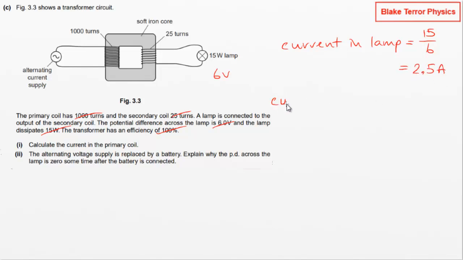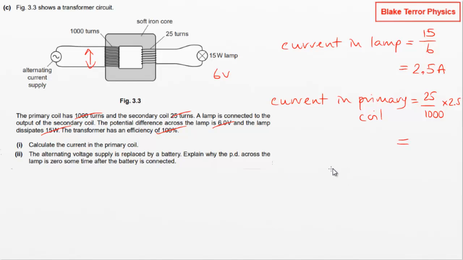So therefore our current in the primary coil, if the whole thing is 100% efficient, which it is, is going to be 25 over 1,000 multiplied by 2.5. It's the reverse of switching over the voltage. We're going to have a higher voltage on the primary coil, but a lower current, and it's going to be the same power.